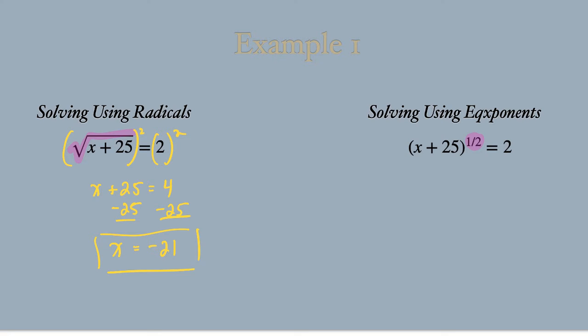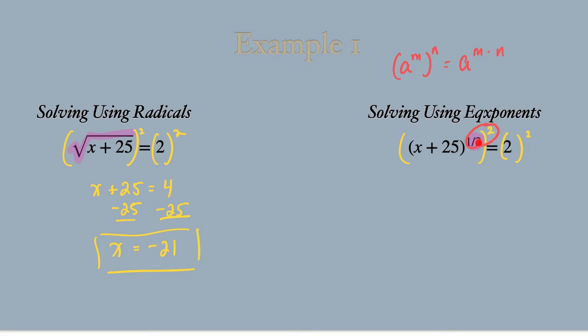If I have to solve in rational exponent form, I do exactly the same thing. I'm going to raise the left-hand side to the half power and the right-hand side to the half power. And when I do that, you'll notice up here I get a power to a power. We have a rule for that for exponents: a to the m raised to the n is a to the m times n.